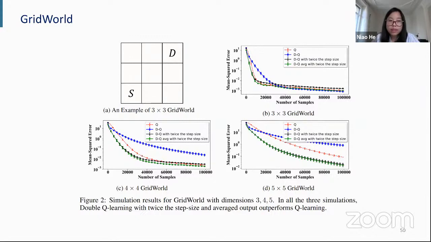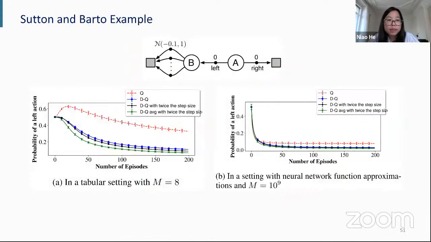So let's look at that example we discussed earlier by Sutton and Barto about the maximization bias. In this example, we showed earlier that there was in fact this maximization bias of Q-learning algorithms initially, but double Q-learning was able to avoid that.